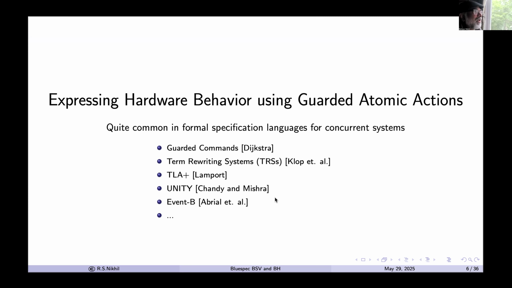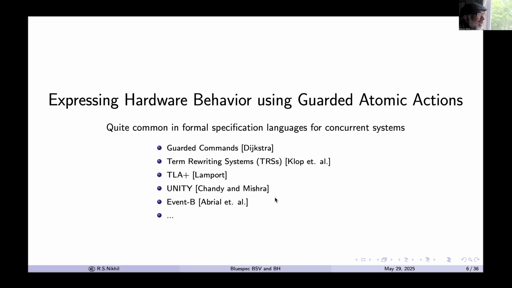Okay, so let me go into guarded atomic actions. As I mentioned before, it's not a new idea. It's a very common choice amongst people in the community that do formal specification of concurrent systems. Going way back to Edsger Dijkstra in the 1960s, he had something called guarded commands. Term rewriting systems is a general mathematical concept that has been around for a long time.